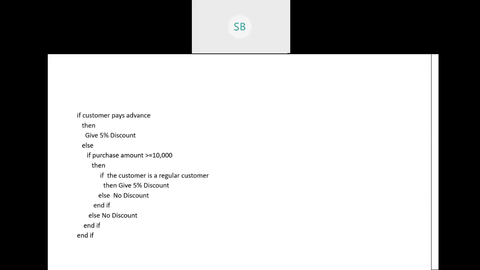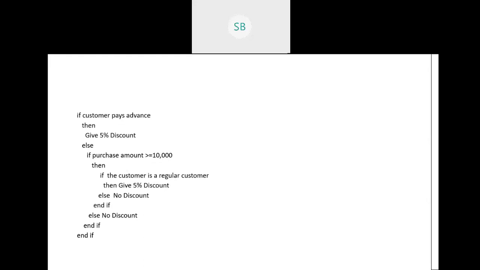Anyone not clear with the structured English? We have just checked the conditions of the decision tree, the same thing. First we check whether this condition is true. If it is true, we directly give 5% discount. If not, then we need to check another condition, that the purchase amount is greater than 10,000.